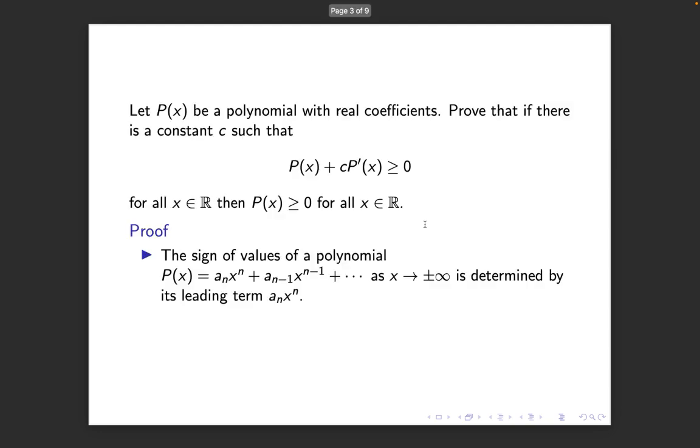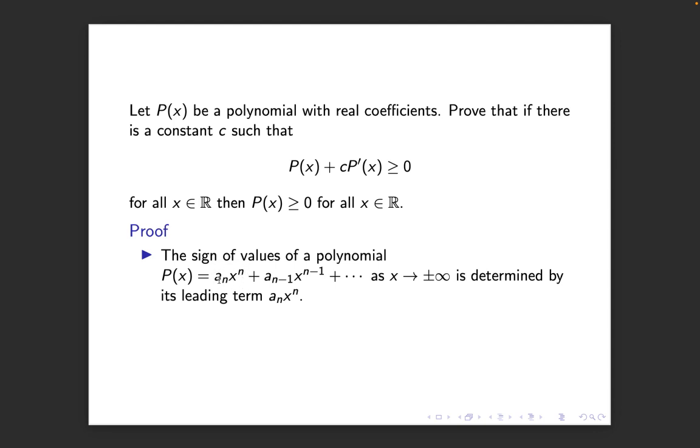All right, so here is the problem again. The first observation that we make is that as x goes to plus or minus infinity, any polynomial will either go to infinity or minus infinity, right? And what determines if p of x goes to plus infinity or minus infinity is really this leading term right here.